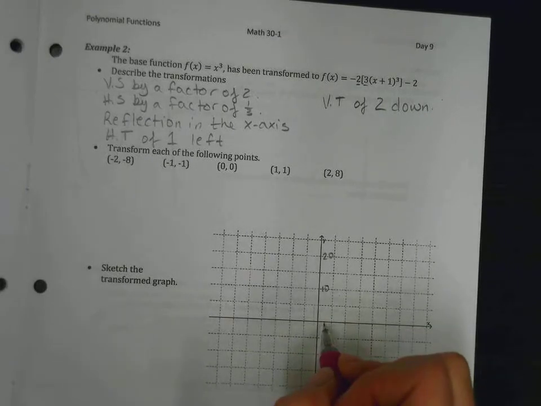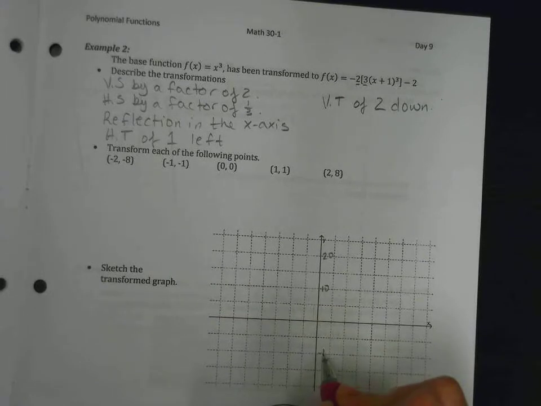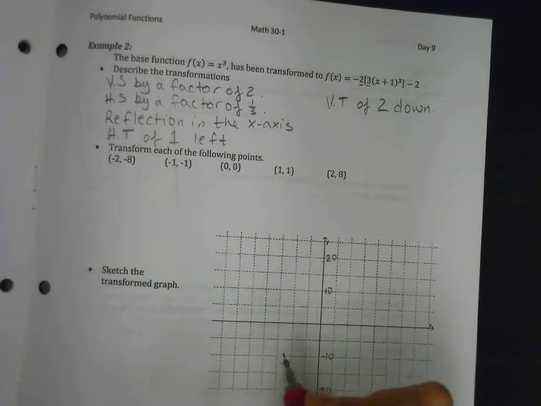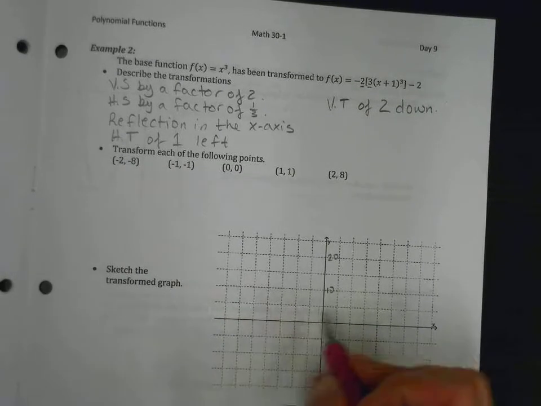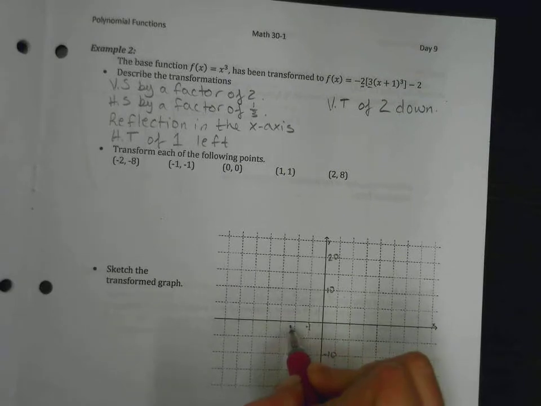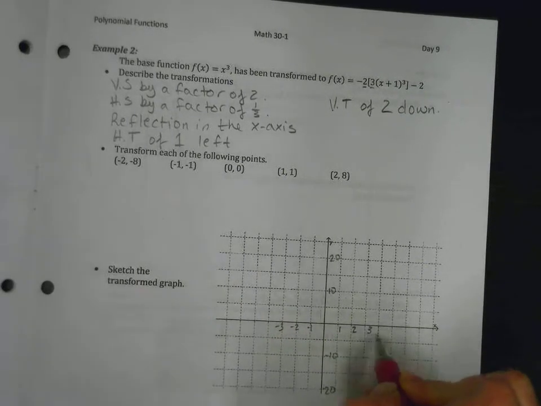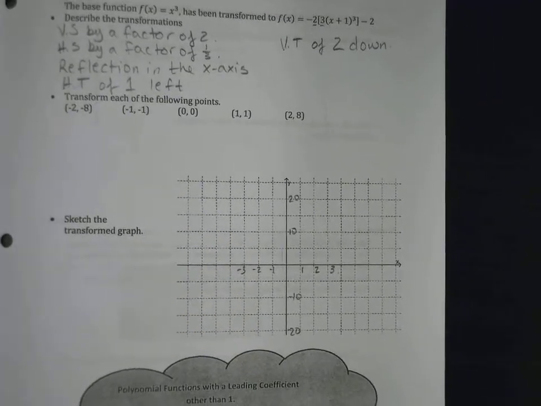And then I'm going to exaggerate the numbers this way. These are going to go up by 1s, just to exaggerate so I can see the graph a little bit better.